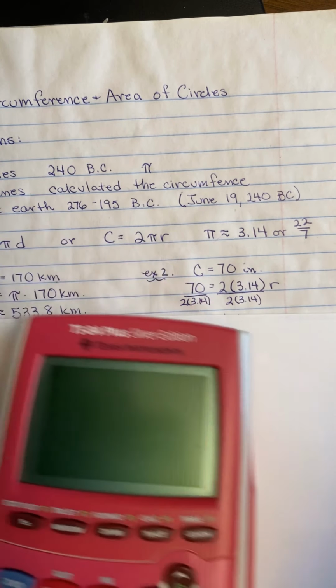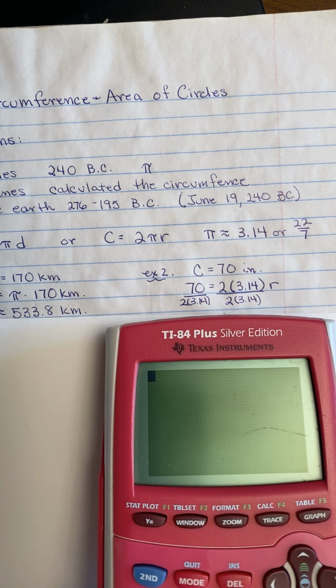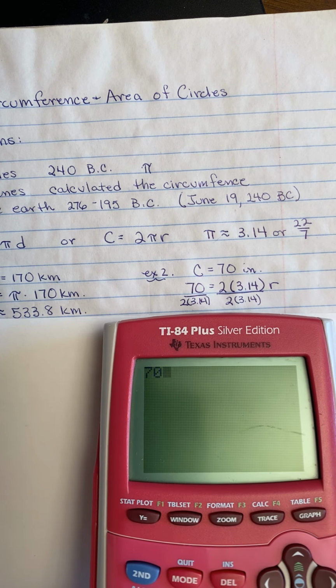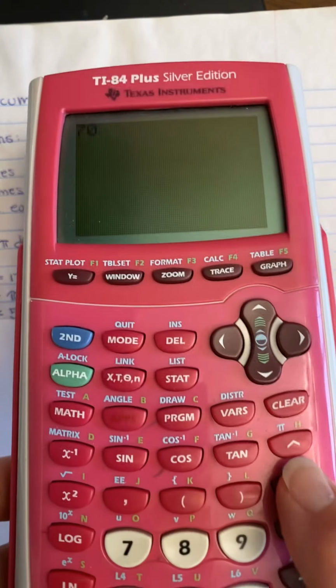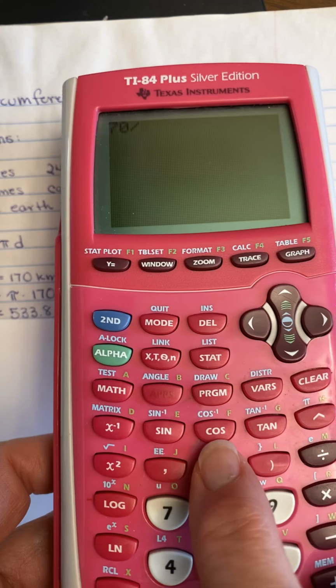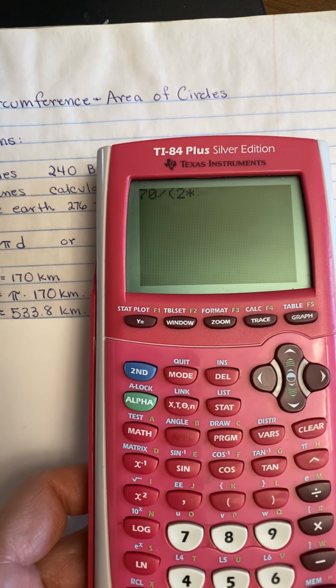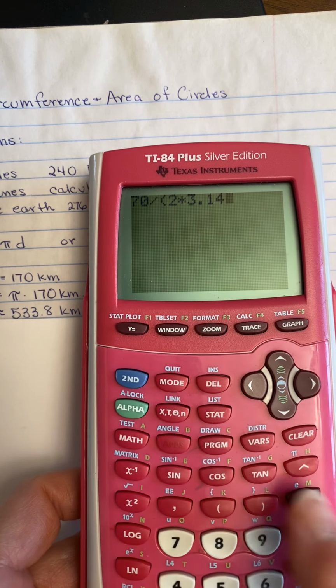When you have 70 and we want to divide it by this product, we can go ahead and plug that in. 70 divided by, now we want to use our parentheses here and go 2 times 3.14.